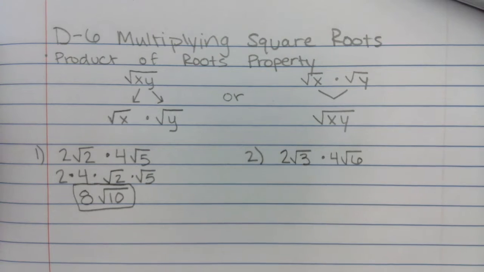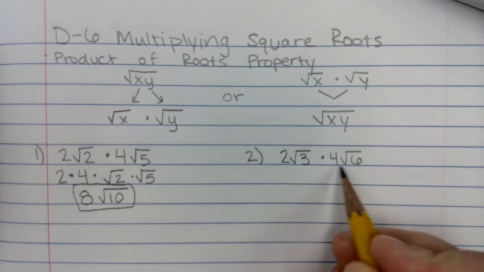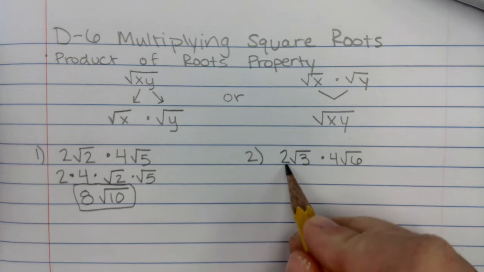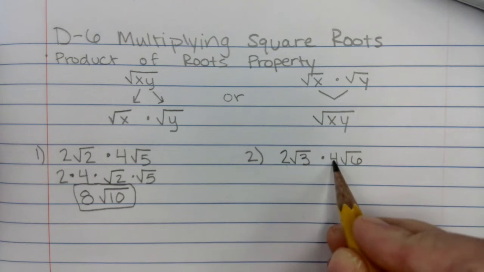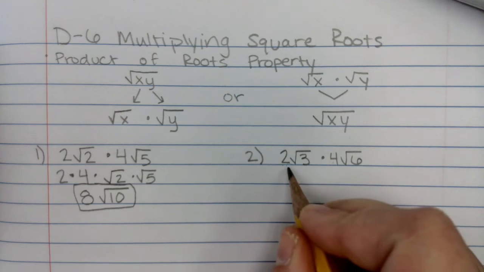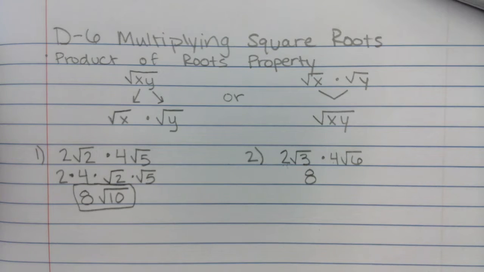What do we call those? They're the numbers in front of the square roots. What do we call the numbers in front that go with something? Coefficients. Good. Now for our square root, what two numbers are we going to multiply? 3 times 6. What is 3 times 6? 18.